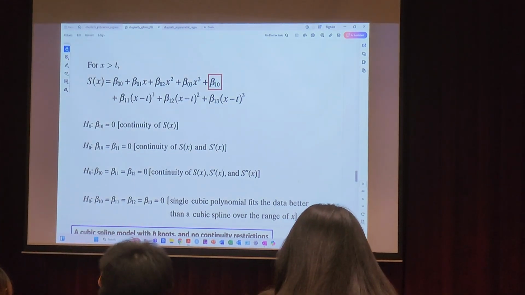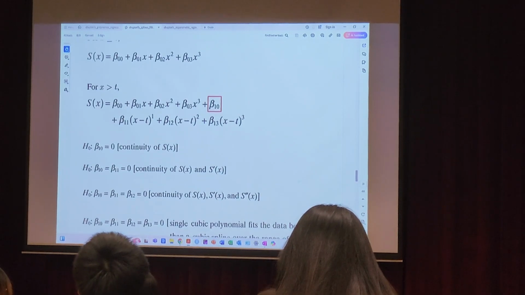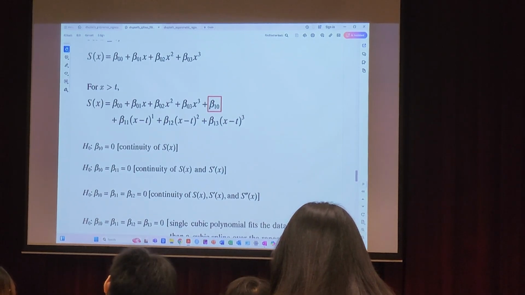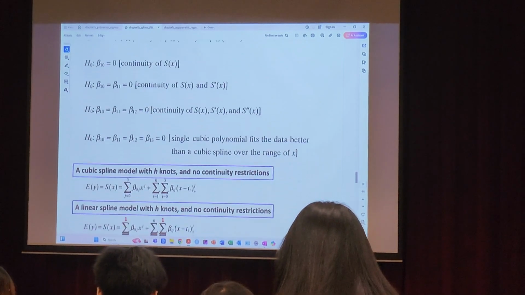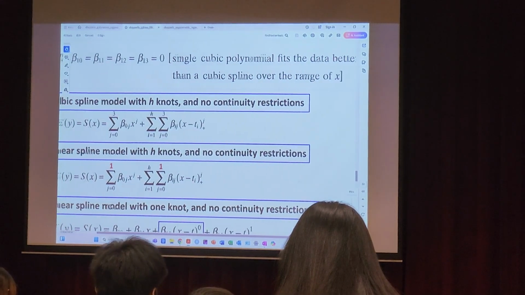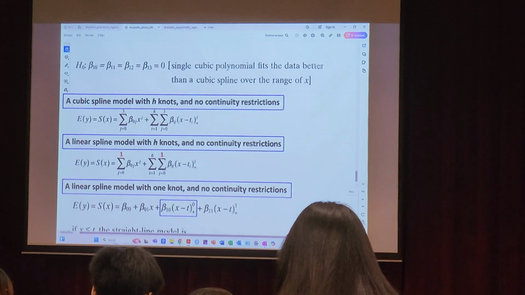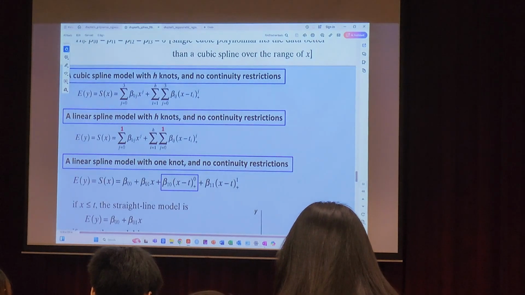If beta 1, 0, beta 1, 1, beta 1, 2, beta 1, 3 are all equal to 0, that means I don't need these extra terms. A single cubic polynomial will be sufficient. Okay, so that's the difference.